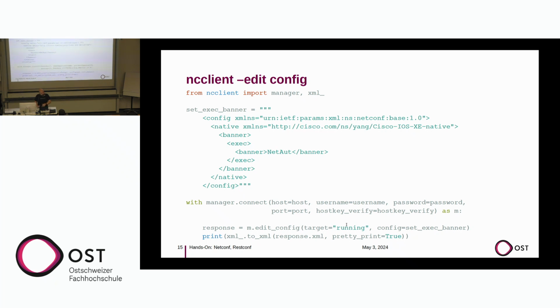We can add some stuff. You also have the operation defined here, with the namespace as an attribute, to say that here I want to delete. So I could also delete something in the same configuration XML and add something else. With RESTCONF, the only thing I could do would be to go to the top level where all the changes are done, and then, for example, replace or merge the whole thing.